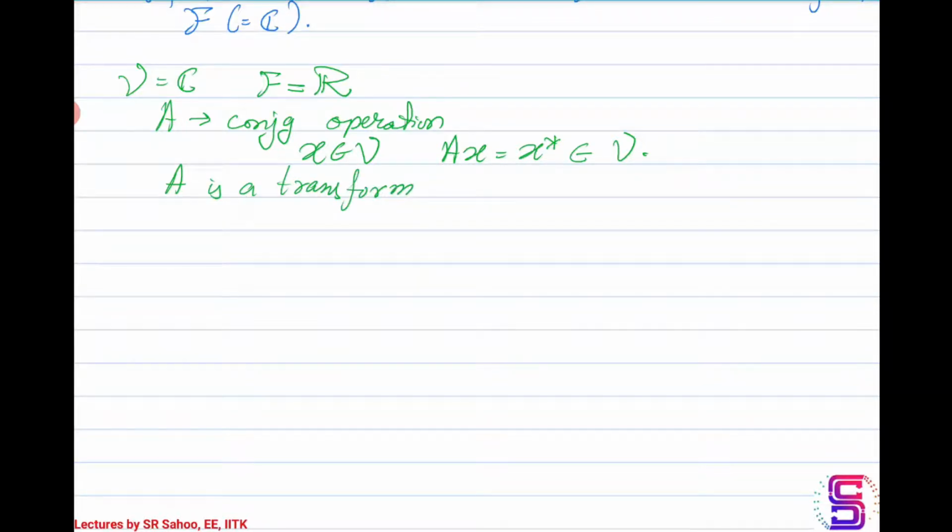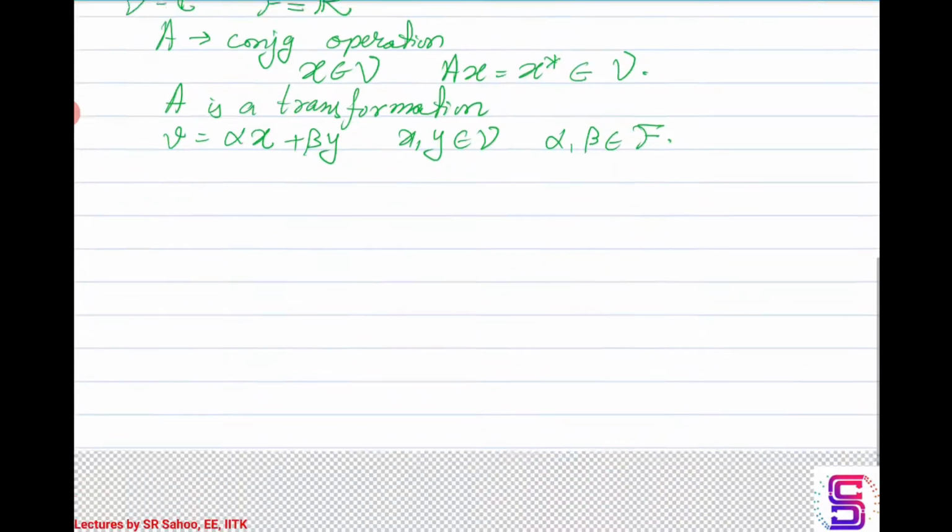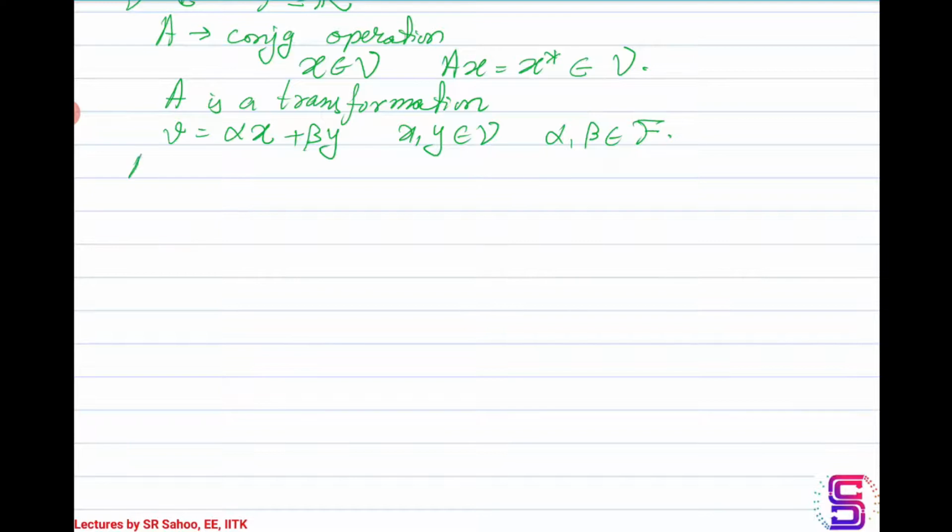Now we have to check whether this is a linear transformation. For this, consider vector V, which is a linear combination of two vectors from the vector space. Okay, so x and y belong to the vector space, alpha, beta belong to the field. When A operates on this linear combination, it gives the conjugate of the linear combination, which can also be expressed as this.